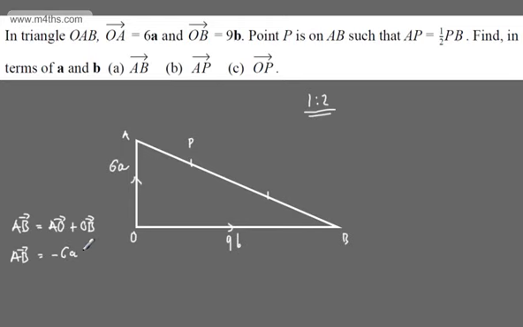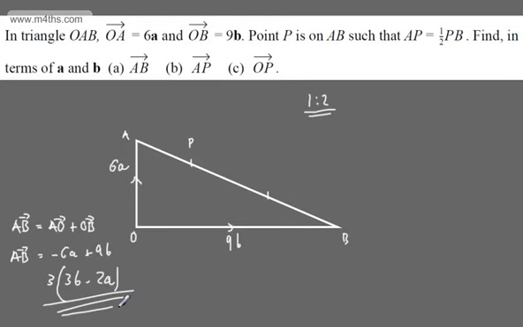Minus 6A plus 9B. Now I'm going to tidy this up and factor it. I always like to factor these because later on it looks like we're going to have some multiples of these. So I'm going to take now the common factor of 3 out, and I'm going to write this as 3B minus 2A. So that's my vector AB.